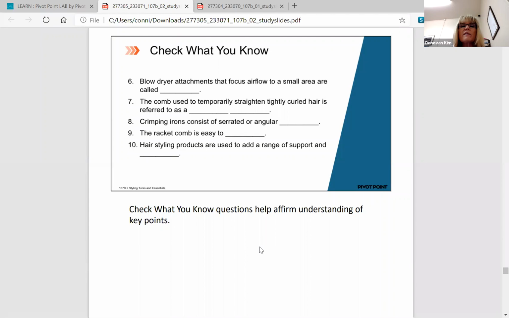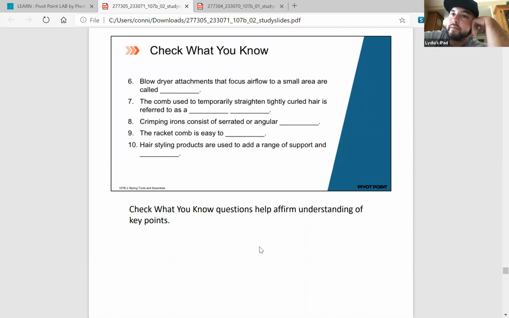Crimping irons consist of serrated or angular teeth? I don't know. Close. They're like teeth, but they're on a what? A plate. Yeah, right, plate. A racket comb is easy to do. That's what I thought it was called. A racket comb?